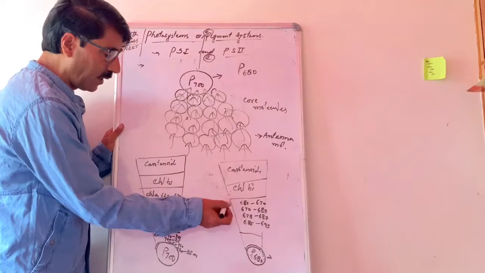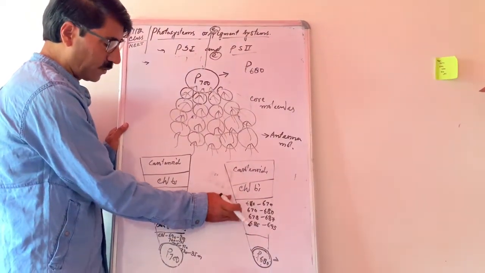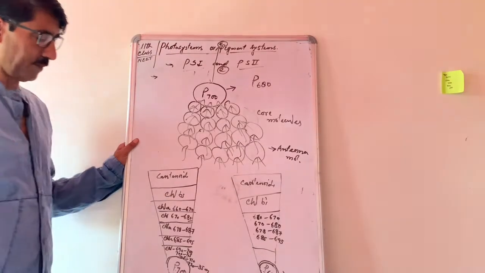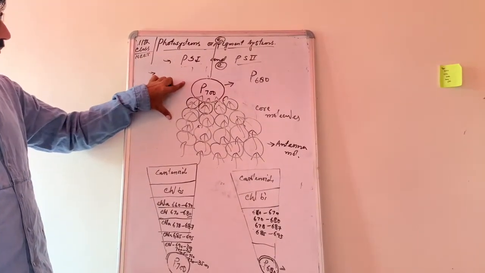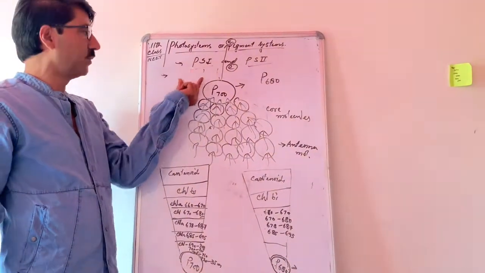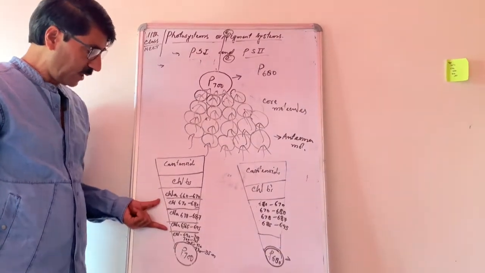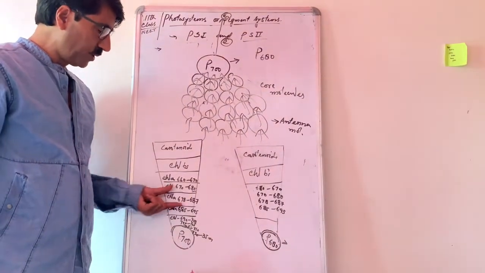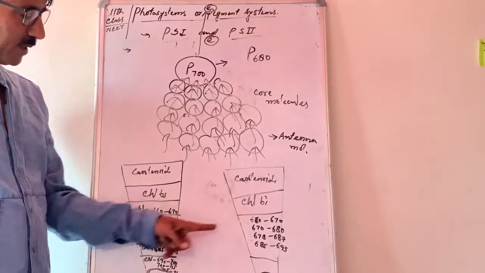But here the number of chlorophyll A molecules and B molecules is approximately the same. Now this diagram is the diagrammatic representation of a photosystem, and here in these diagrams I am showing you the distribution of chlorophyll A molecules in the two pigment systems.